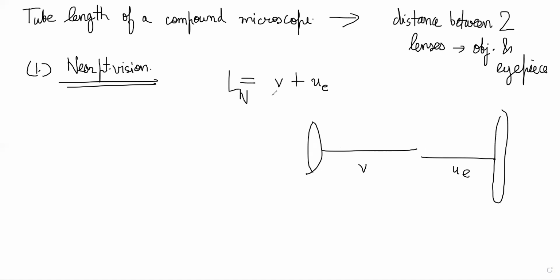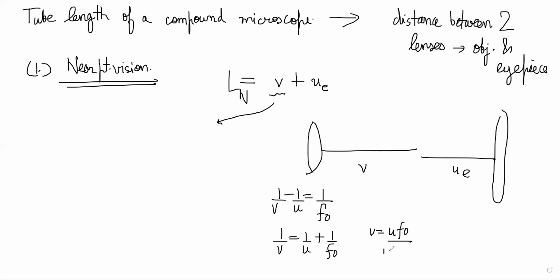Now V can be written using the equation for this. You can solve for V here. 1 by V is equal to 1 by U plus 1 by F naught. So V is equal to U F naught by U plus F naught.